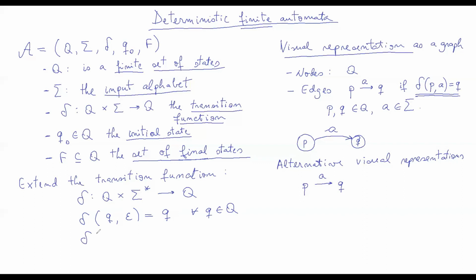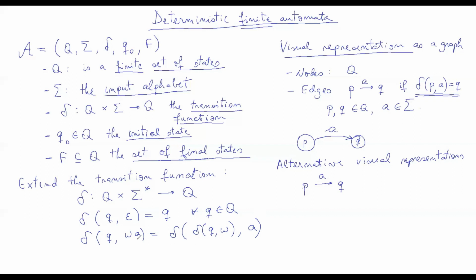And if from Q you read something where there is at least one letter, then you will have a computation where you first go from Q with word W to whatever state your delta is bringing you, and then you do one more step in your computation driven by letter A. So the idea is that you do this computation step by step, first driven by this prefix, and then one more step driven by letter A.